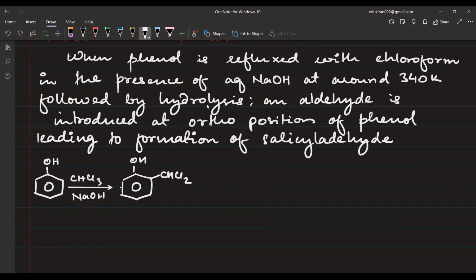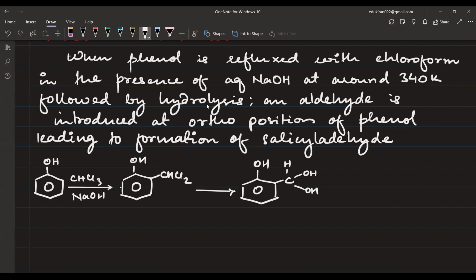You can see CHCl2. There are two chlorines, and those two chlorines will be replaced by two OH groups. So we are going to get OH as it is, and this carbon, which has one hydrogen, is going to get two hydroxy groups, OH and OH.